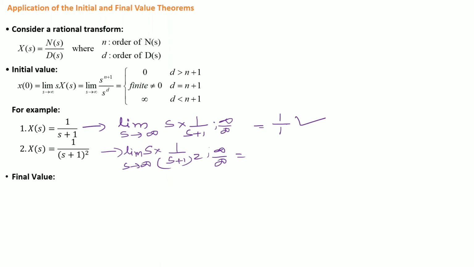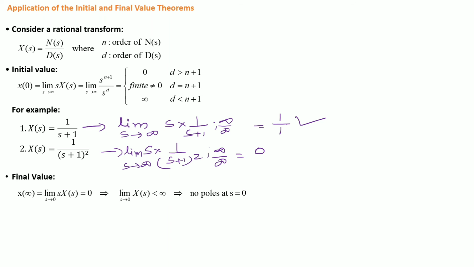Again, if we differentiate, then on the numerator there will be a constant, and in the denominator a constant value, but since it is 0 on the numerator side, the answer will be 0.